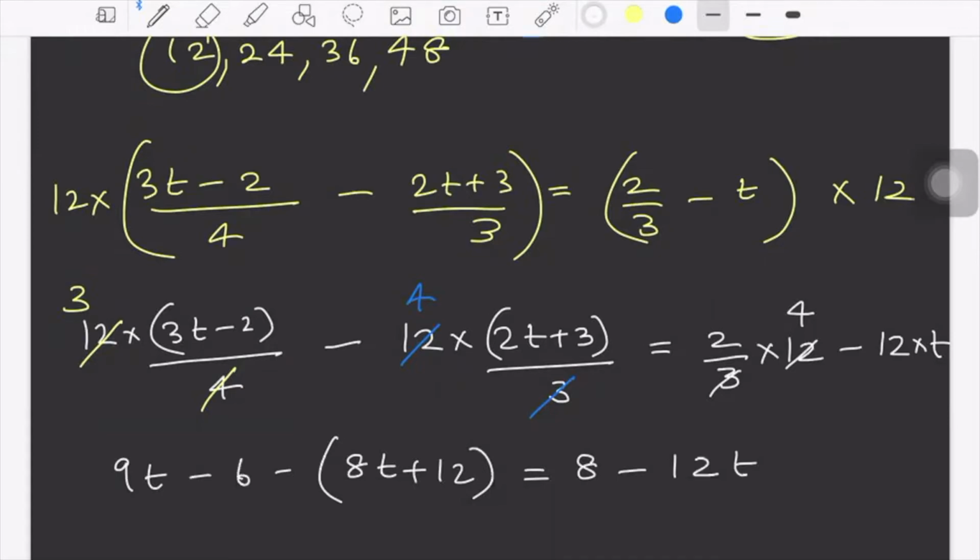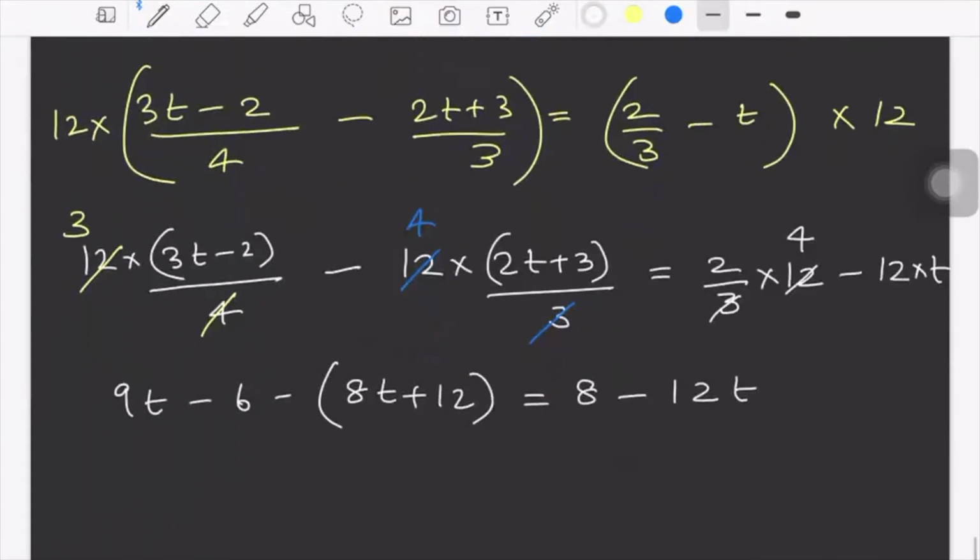So far, so good. We have multiplied the entire expression with 12. Now the denominators have disappeared. You don't have denominators or fractions to deal with anymore. You're happy now? Tell me.